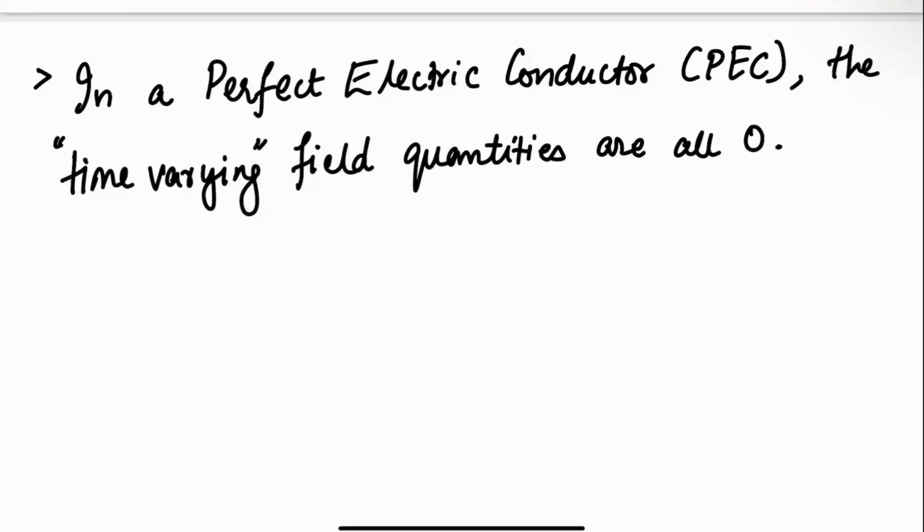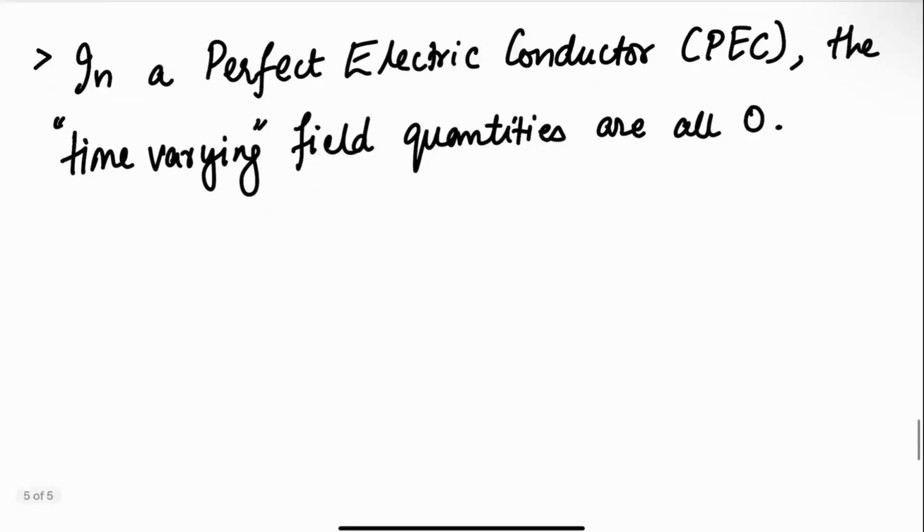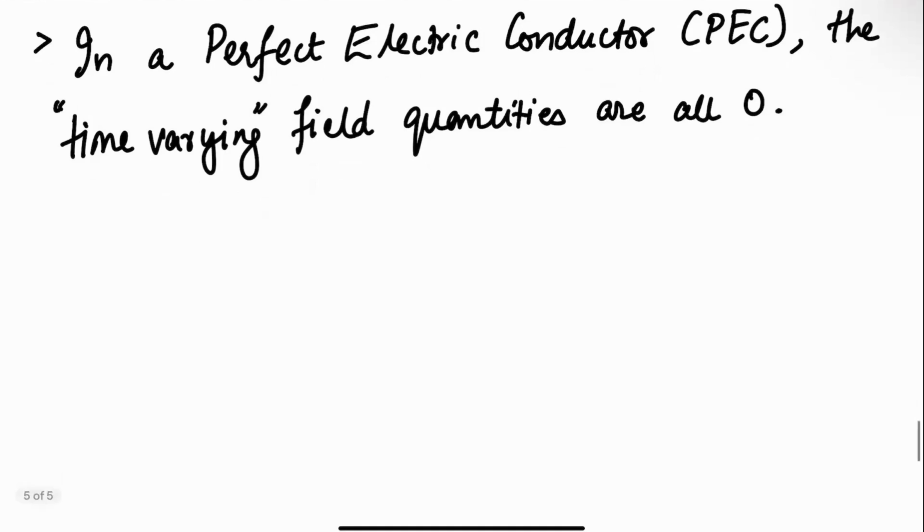Because they react instantaneously. And the same goes for time varying magnetic fields, because when you have a time varying magnetic field, that generates a time varying electric field as well. So all field quantities must go to 0. And that's what a Faraday cage essentially does, right? It doesn't allow fields to penetrate through it. Okay, we'll discuss that more rigorously in the next lecture and see where the field quantities E and H going to 0 comes from.